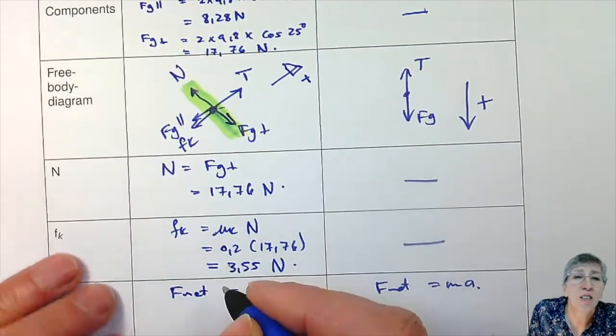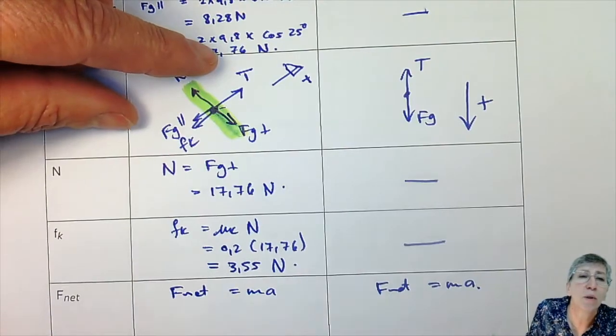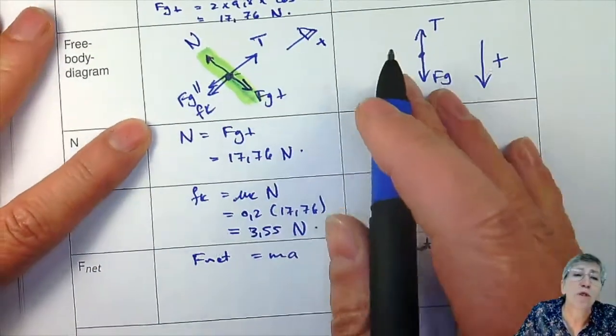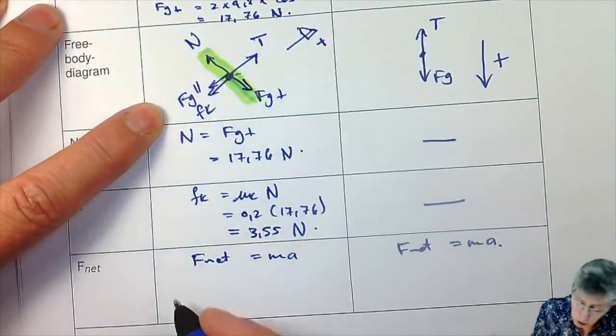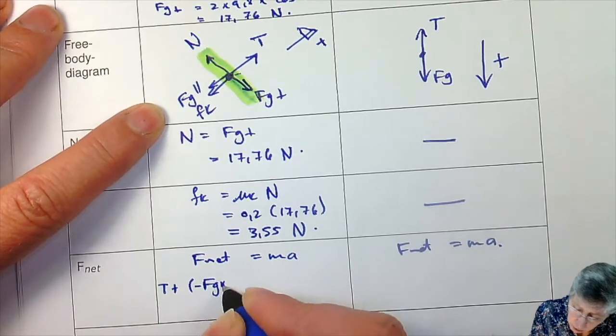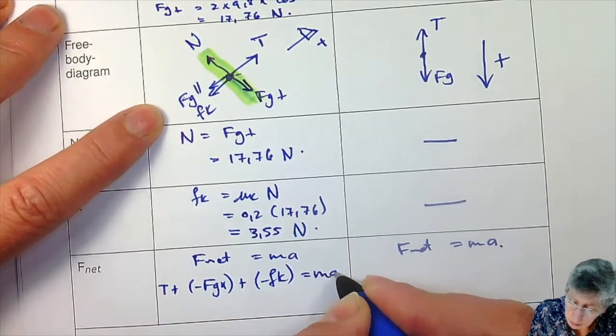So let's look at this one. It's moving up the plane. F net is the sum of all the forces, and we're looking at all the forces in the direction of movement. T is a positive force, so that will be T plus minus Fg parallel plus minus Fk, equal to m times a.